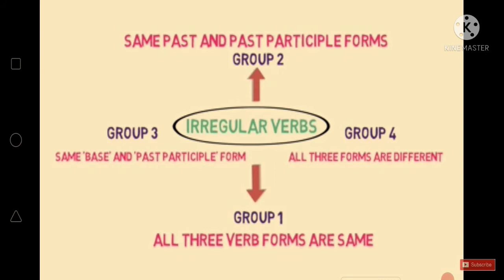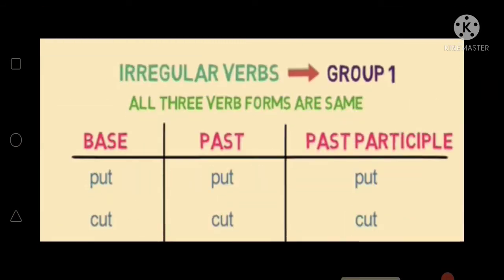So these can be understood easily with the examples. In some of the irregular verbs in group 1, we learned that all three verb forms are the same. We find all three forms are the same in base, past and past participle. For example, put, put, put.